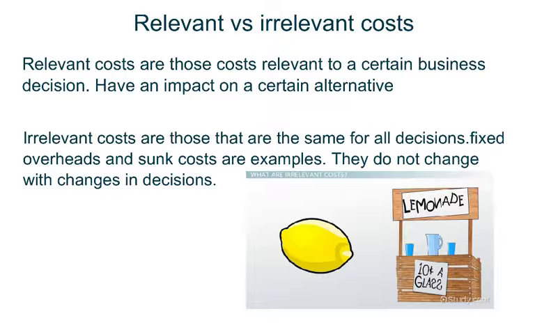So the irrelevant cost will be the same for all the decisions. So whether you sell lemonade or Coke, the cost of this stall will stay the same, because those are the same for all decisions. Fixed overheads and sunk costs are examples, because they do not change with changes in decisions.